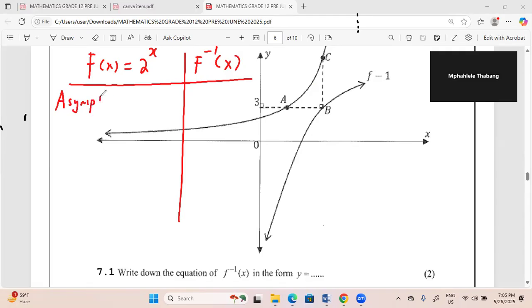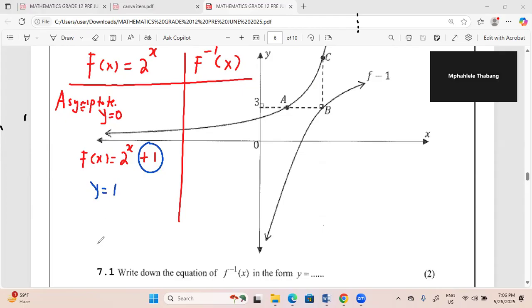The exponential function has got only the y asymptote. And in this case, the y asymptote of f of x is 0, which is represented by the equation y equals 0. So if the function f of x was something like f of x equals 2 to the exponent x plus 1, the y asymptote was going to be this number at the end. So the equation of the y asymptote was going to be y equals 1.